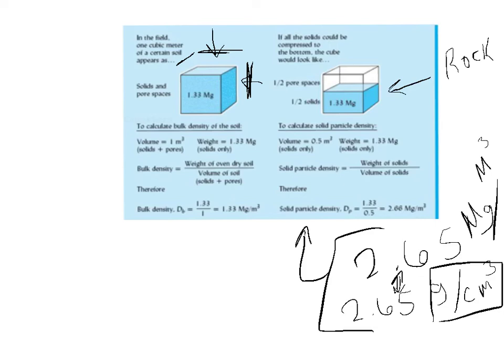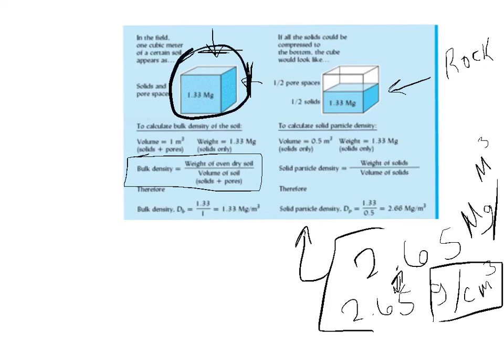You can see that we calculate bulk density by saying what is our weight of oven dry soil, so we dry it out and we weigh it, divided by the volume of that soil. So the volume would be some height, width, and length, just like we have in this picture.